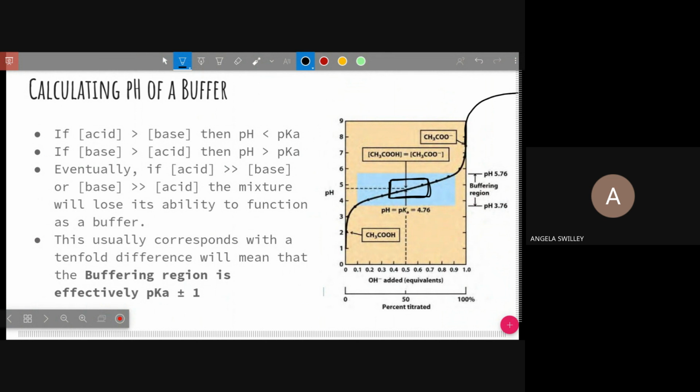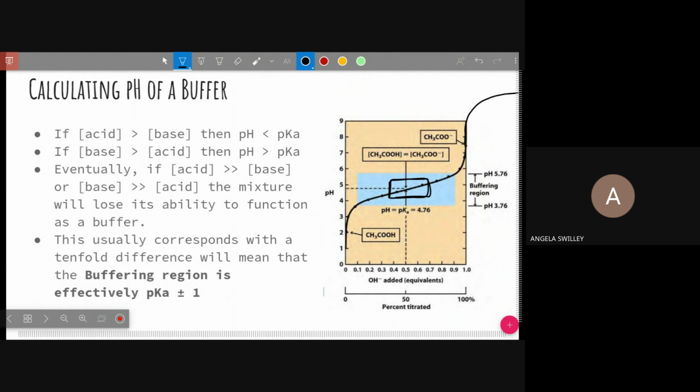That whole thing is the buffering region, but when you've seen it, we've been placing points, and it's a little bit tighter in there. But that entire blue square can be called the buffering region. This usually corresponds with a tenfold difference, meaning the buffering region is effectively pKa plus or minus 1.